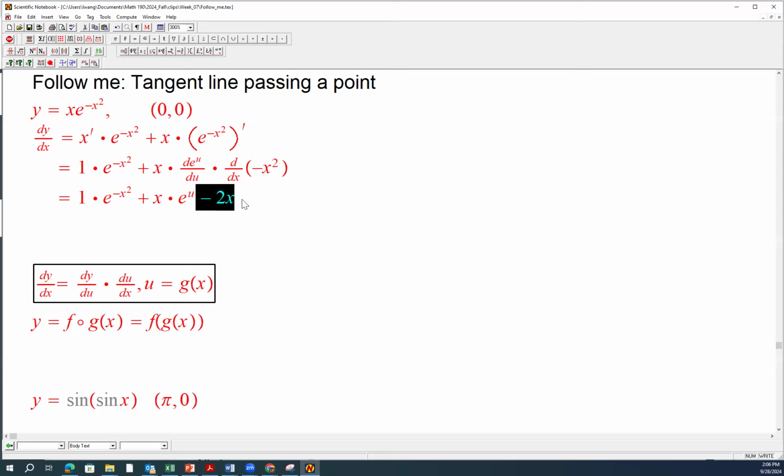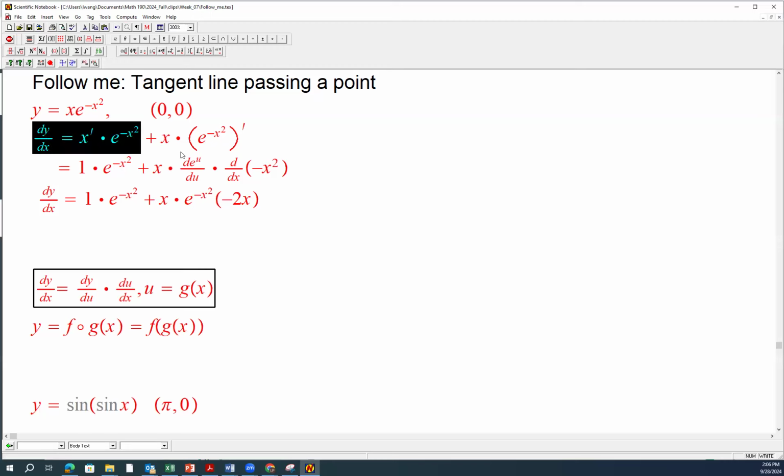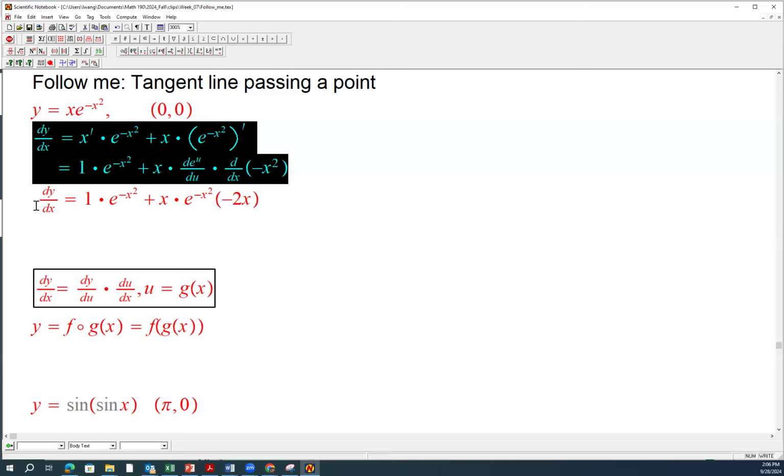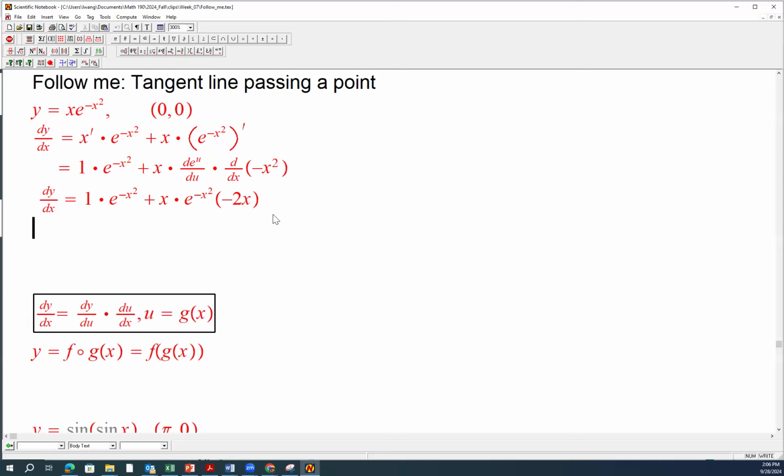Okay, so be sure to have this parentheses with you. Okay, and of course, negative x squared is the power, replacing u. There we go, right? So you can go straight here, really. You can omit all of that, just go straight here, as you're getting better. But if you're not there, no problem. You will get there.